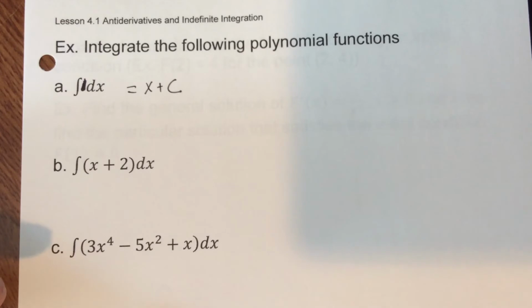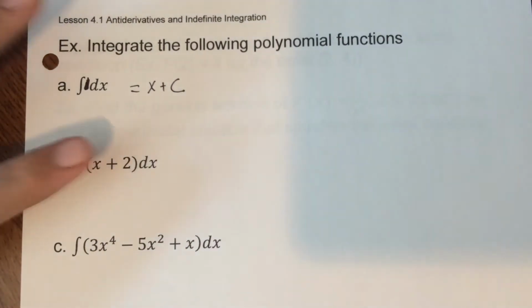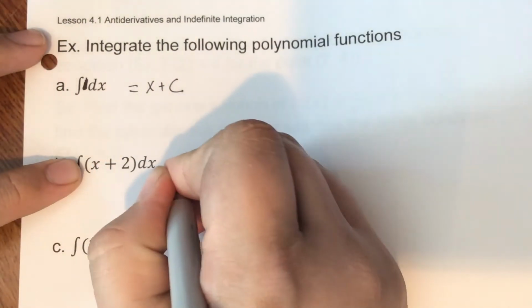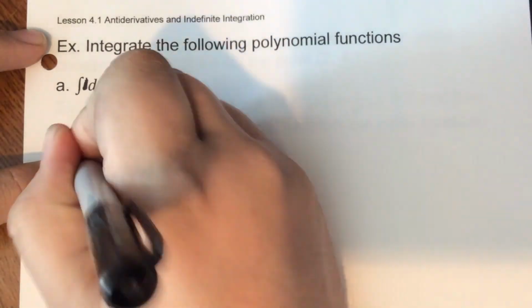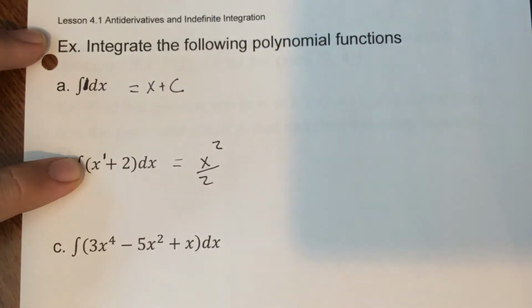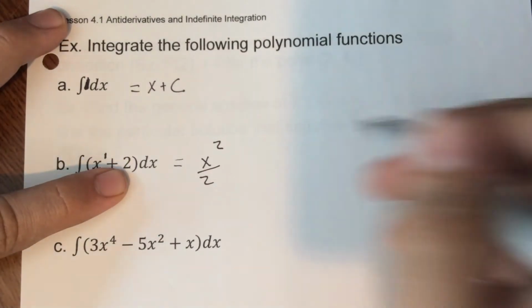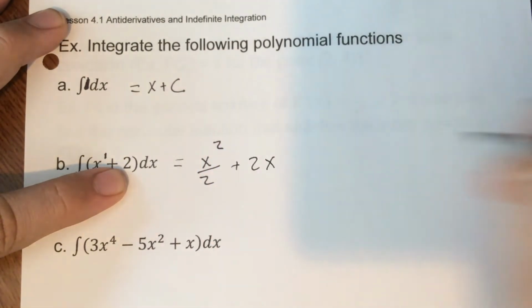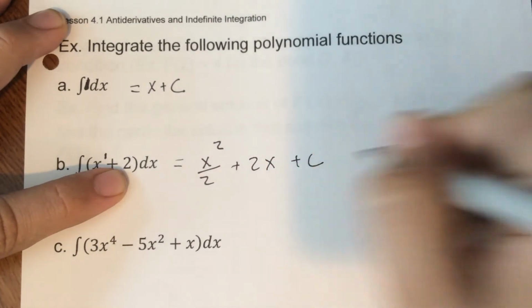Should be a 1, not a 0. If it was a 0, there wouldn't be anything there. So going backwards from x, well, technically this is x to the first, so we would get x squared and then divide by that new exponent. The 2 didn't have anything, so it would just get an x, and then we always have to do the plus c.